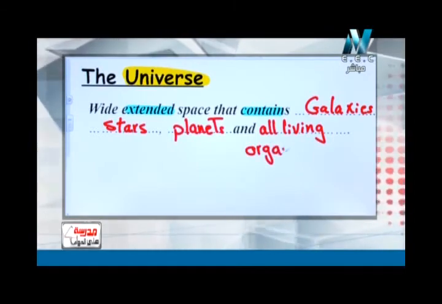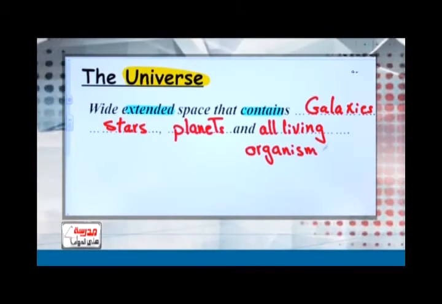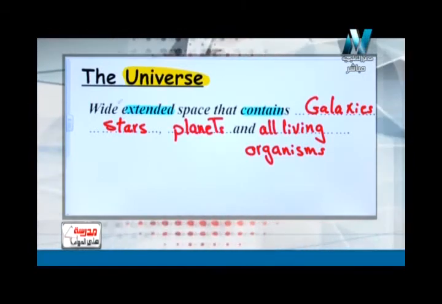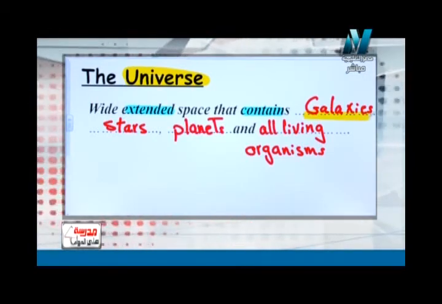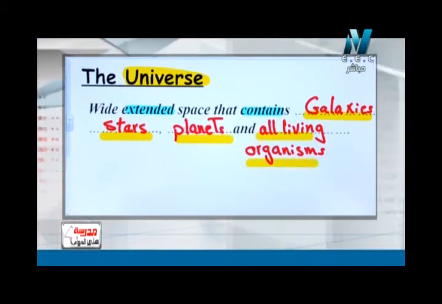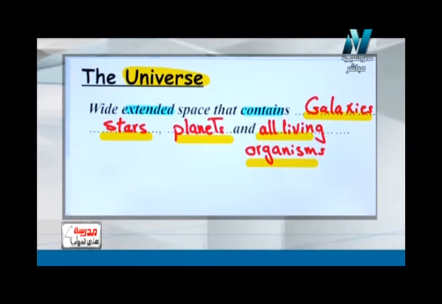So here we define what? We define the universe. As you see here, we have wide extended space contains galaxies, stars, planets, and all living organisms. So we have units in the universe.